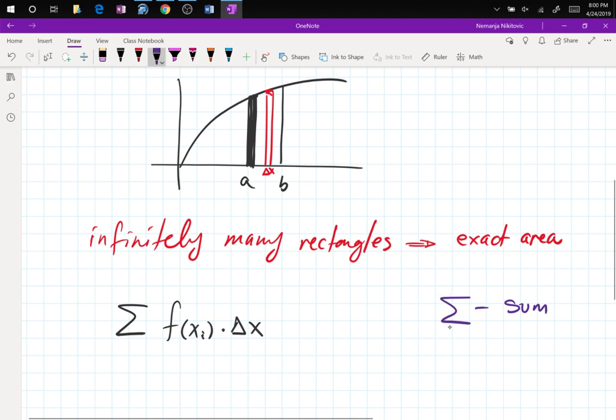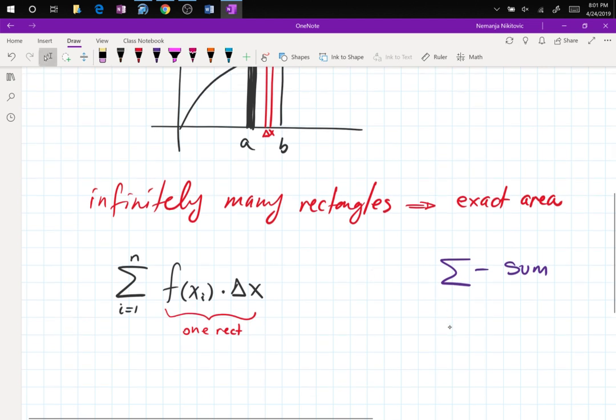So this over here is one rectangle. One rectangle. That's all it is. But now I am going to start. i goes from 1 to n. And I'm going to say that this over here is n rectangles.